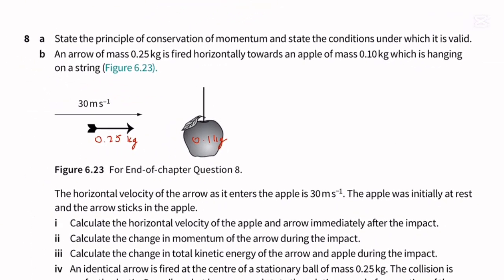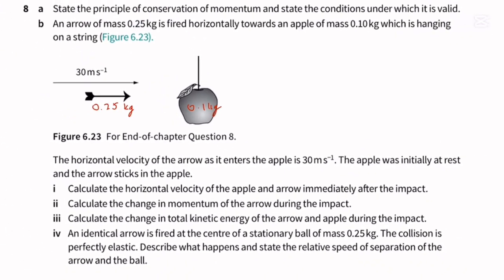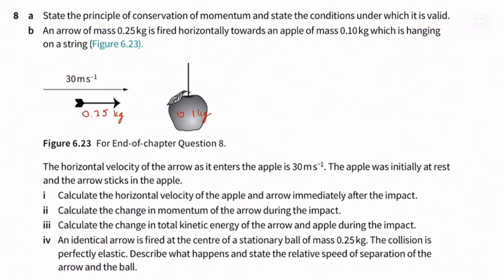The horizontal velocity of the arrow as it enters the apple is 30 meters per second. The apple is initially at rest and the arrow sticks to the apple. I have to calculate the horizontal velocity of the apple and arrow.